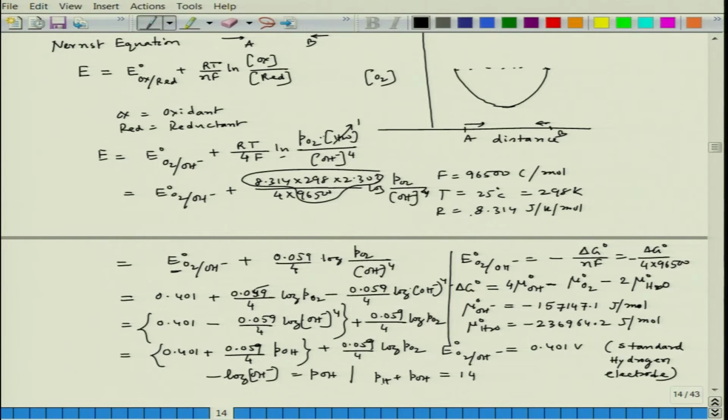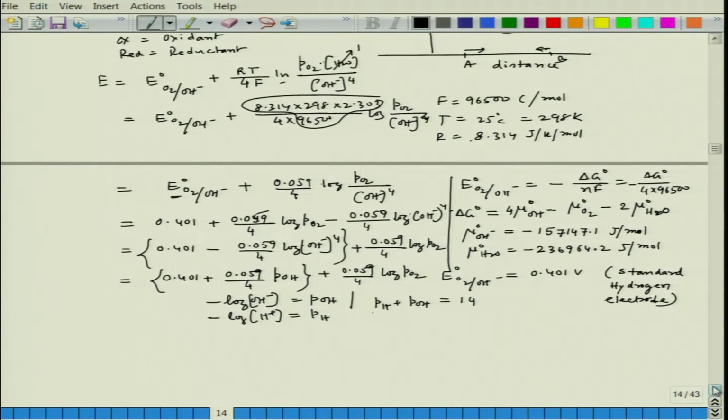And pH is nothing but the log of H plus ion activity. Okay. So you can do the calculation, you will see that this value would come 1.227 minus 0.059 pH.